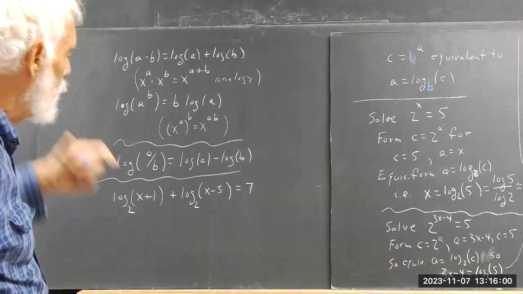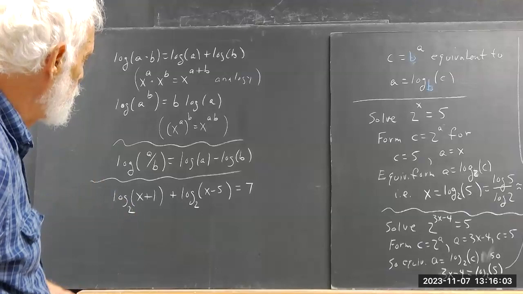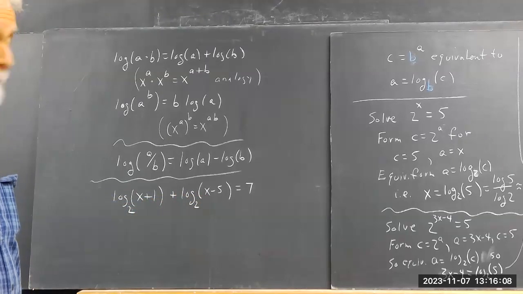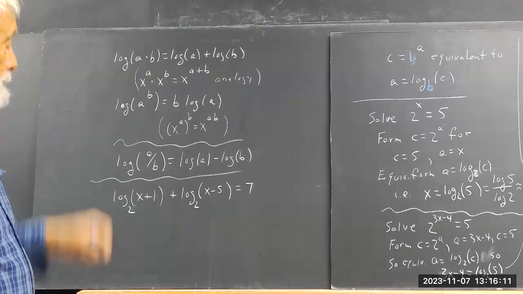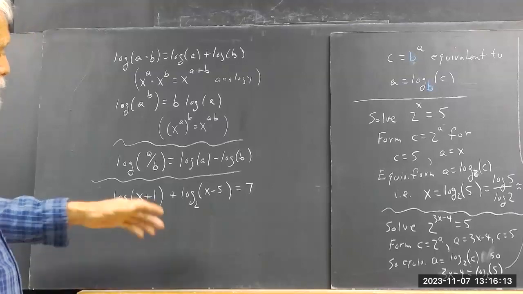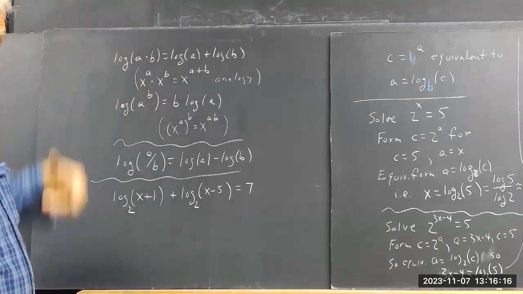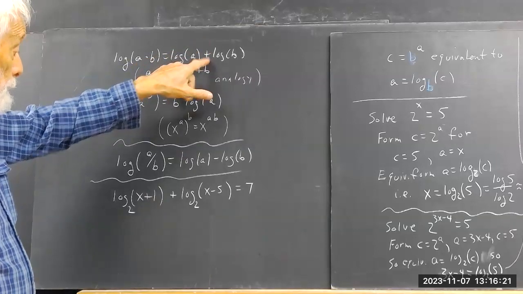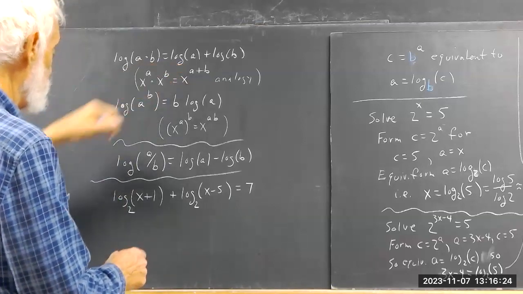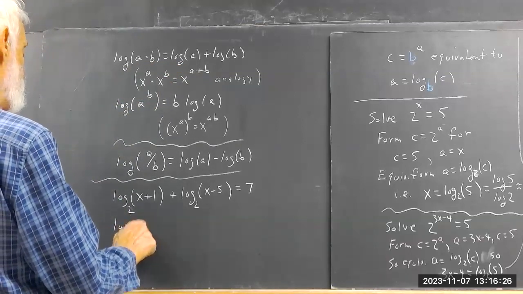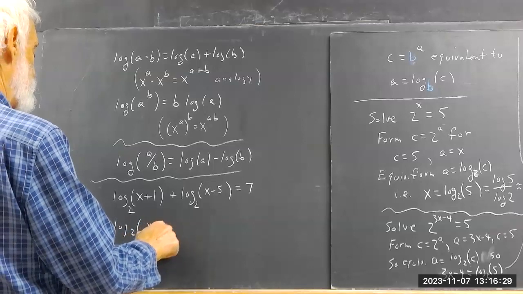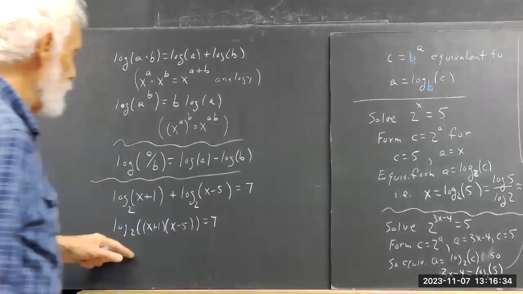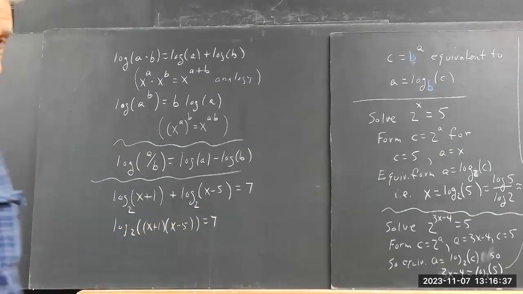What rule do you see that could apply to log base 2 of x plus 1 plus log base 2 of x minus 5? You see a place where two logs are added up. Right there. So by this rule, this becomes log base 2 of x plus 1 times x minus 5 equals 7.